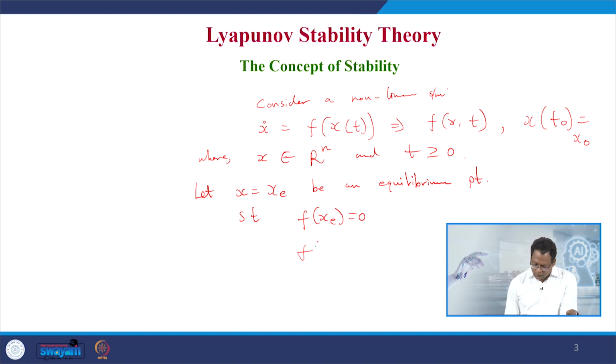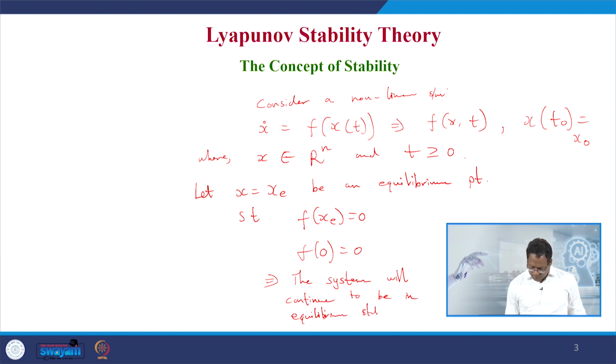So in that case f of 0 equal to 0, x dot equal to 0 at that equilibrium point, which implies that the system will continue to be in the equilibrium state x e equal to 0 for all time.